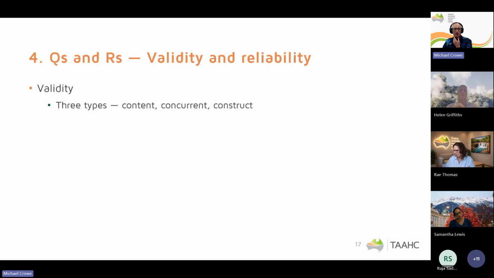Validity, you may or may not have heard, contains three things: content validity, concurrent validity, and construct validity. It's actually a lot of not correct stuff.